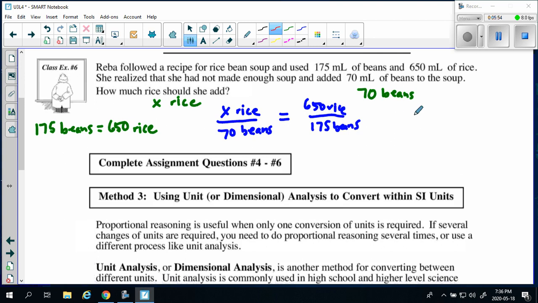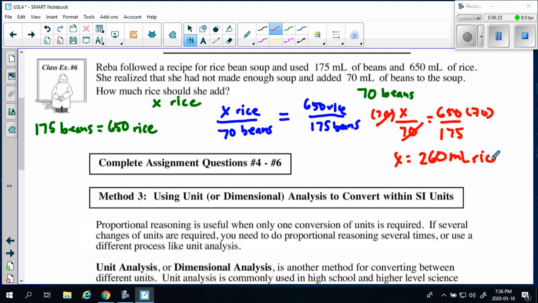But when you actually want to solve this, maybe we delete the units to make it easier to see what's going on. So here's our proportional reasoning. We can multiply both sides by 70 to get x. So x is 650 times 70 divided by 175. It looks like x is going to be 260 milliliters of rice.